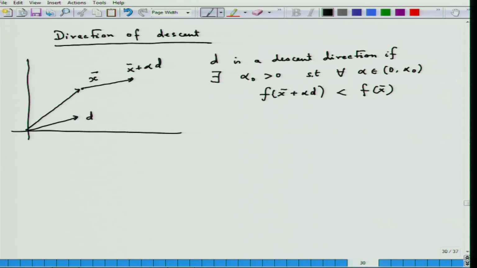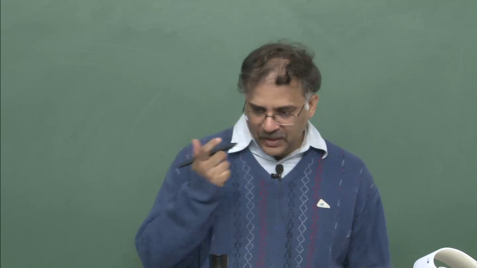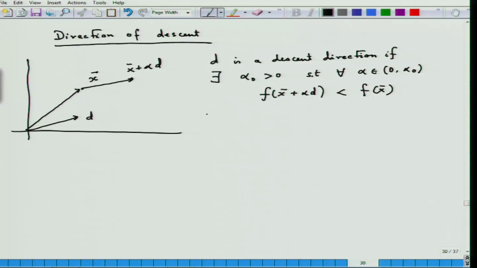Now, how can I find the d? So, this is the definition, and I would have to keep on searching. Is there a much simpler criterion to tell me which d I would like to consider? That criterion is used in the following way.